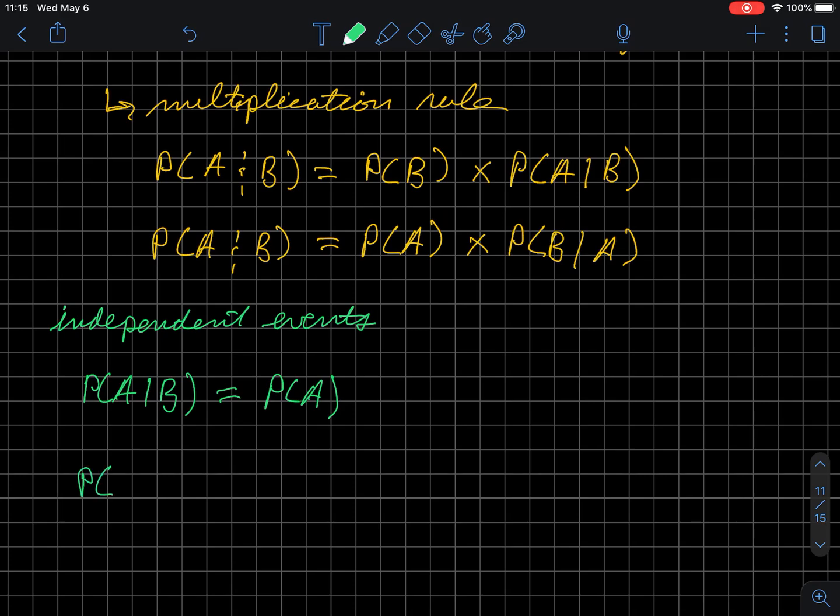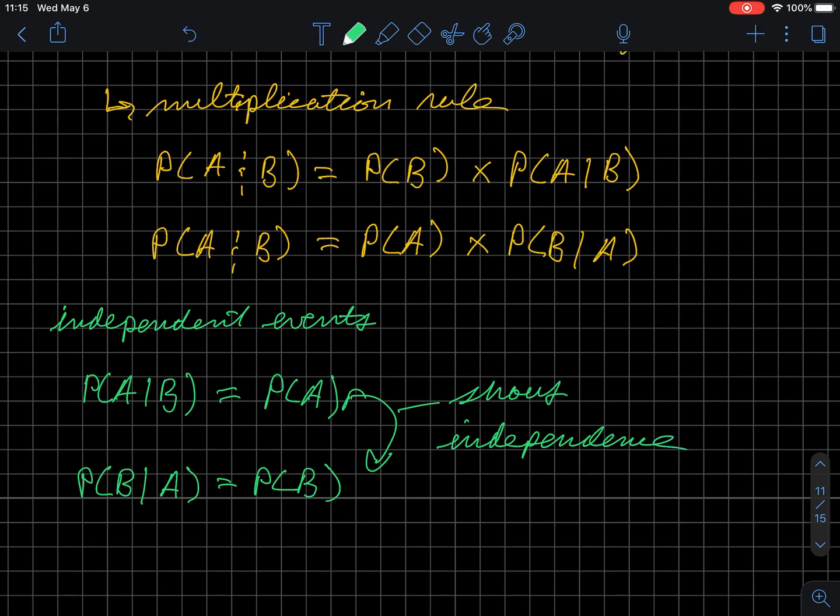And the reverse is also true, where the probability of B given A is equal to the probability of B. And again, this shows independence. So that's the gist of all this.